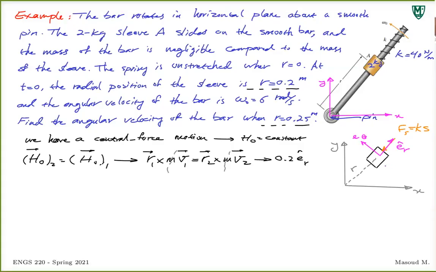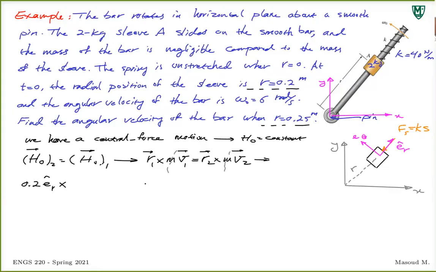Well, R1 is 0.2 ER, here. 0.2 ER is multiplied by, or cross, V1.